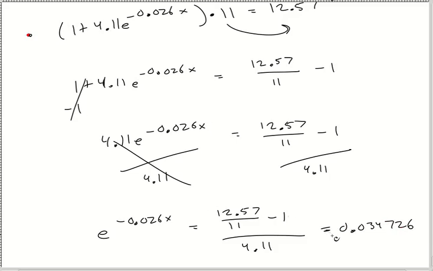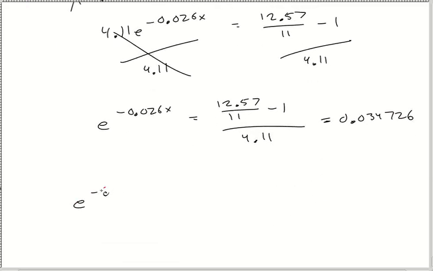Okay, is equal to this thing. So let me rewrite that. I got 0.26x is equal to 0.034726. It looks a little weird to me. I sure hope I'm doing it right. No, yeah, that's correct. I'm looking at my notes.